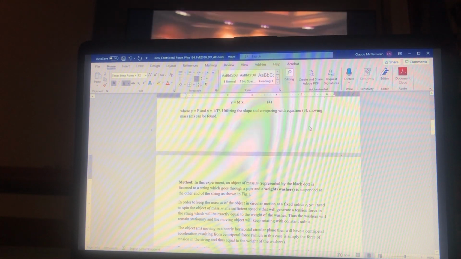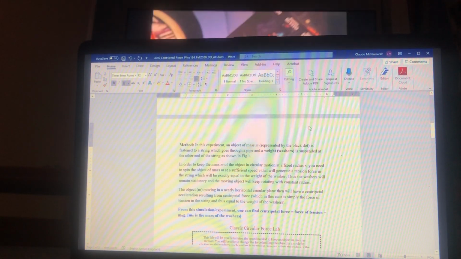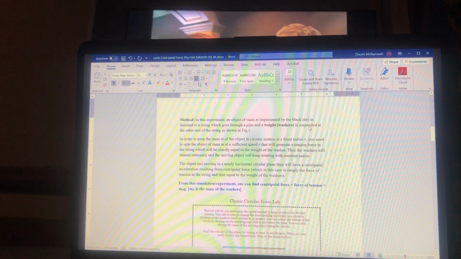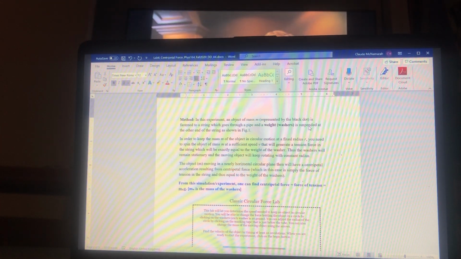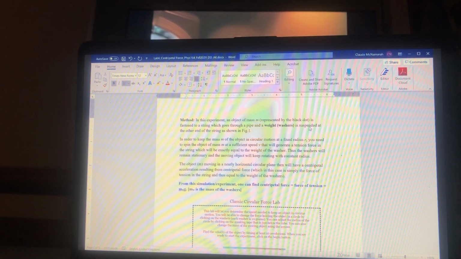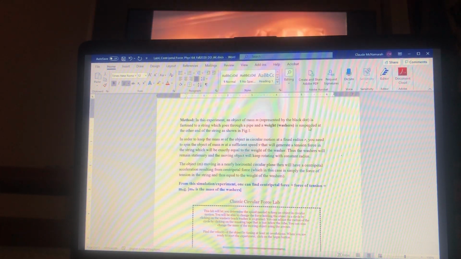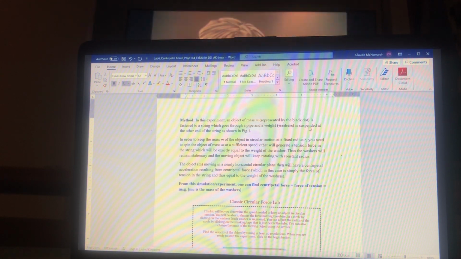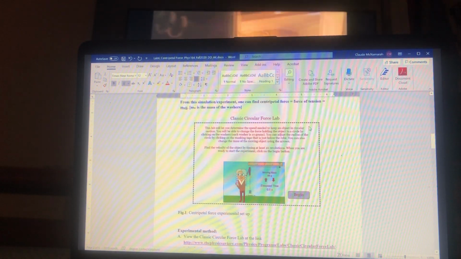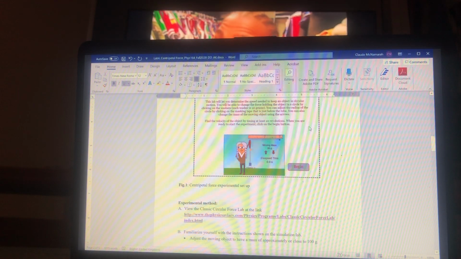All right, the method. In this experiment, an object of mass m, small m in this case, which is represented by a black dot, is fastened to a string which goes through a pipe, and a weight is suspended at the other end of the string, as shown in figure 1. So where is figure 1? Oh, that is figure 1.